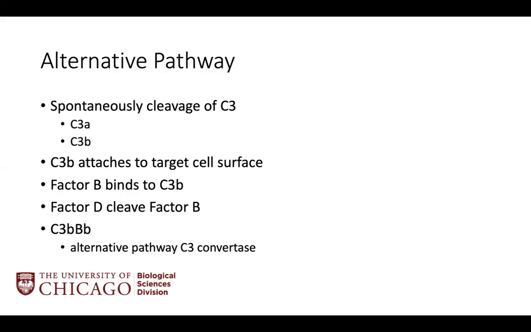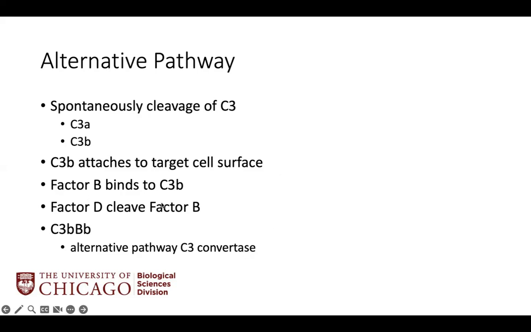And then something called factor B will bind to C3b. And then factor D cleaves factor B. So then you have cleaved factor B, which we call Bb. So you have a combination of this C3b and then the Bb added. And this is the alternative pathway C3 convertase.